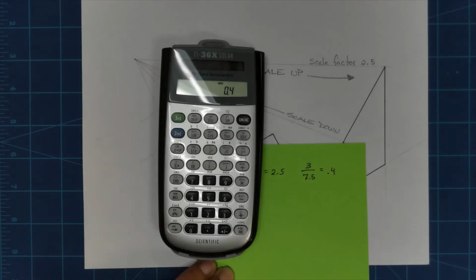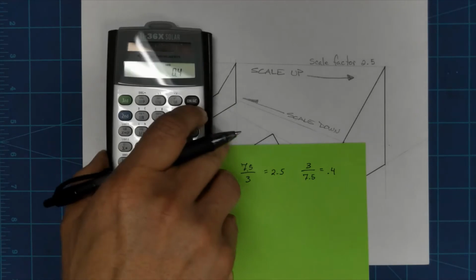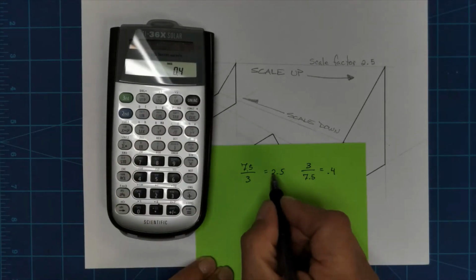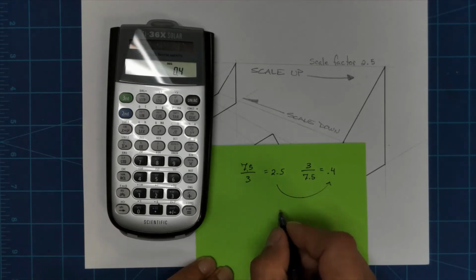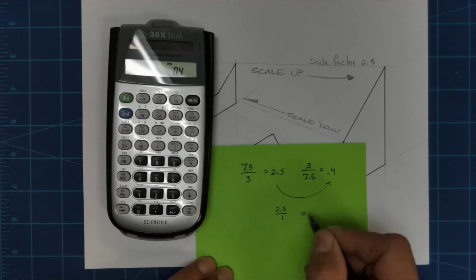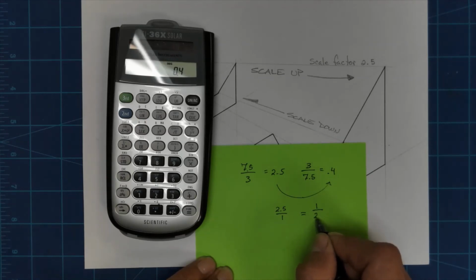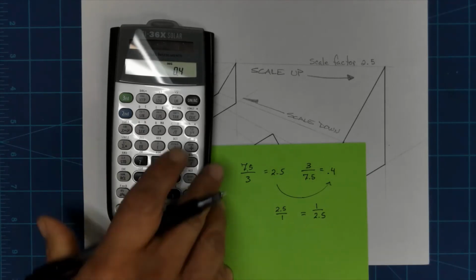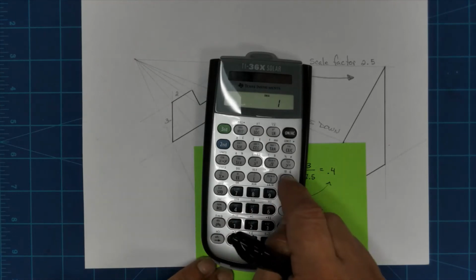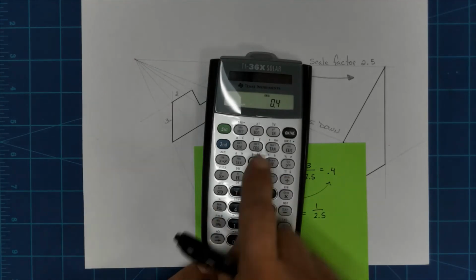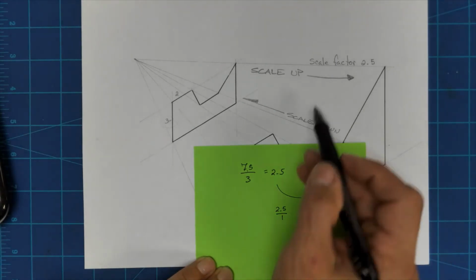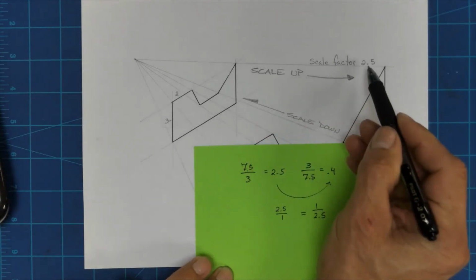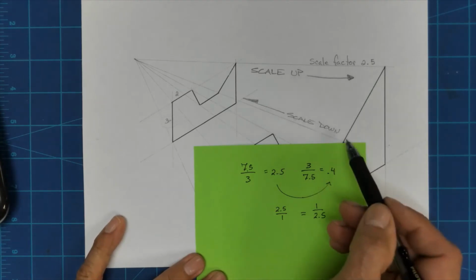0.4. And the reason I'm using a calculator is this can be looked at as the reciprocal. 0.4, this is 2.5 over 1, or this can be written as 2.5. Will that come out the same? 1 divided by 2.5, 0.4, same thing. So when you go this way, you have a scale factor to go up.